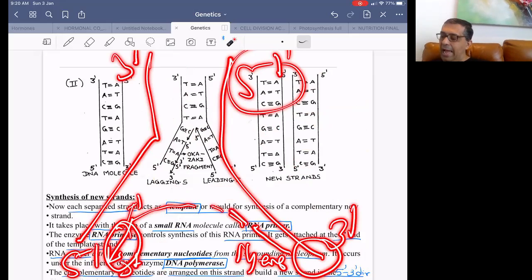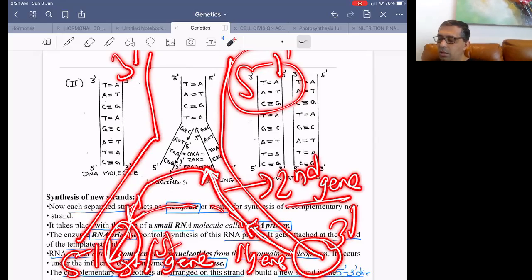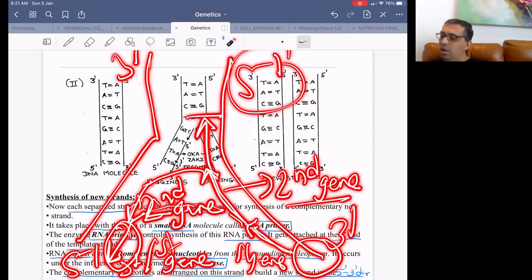But at the same time, the second gene is formed here. So how many genes are there here? First gene and second gene. And here how many genes are formed? First gene. Now, this is the second gene here, 6000 to 3000. Second gene. But at the same time, second gene to third gene.